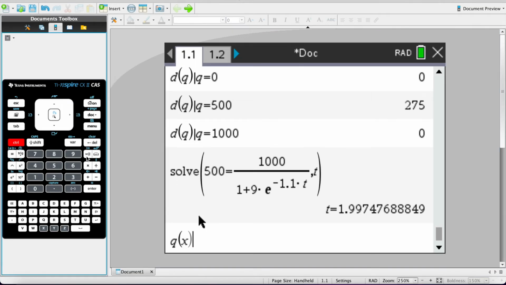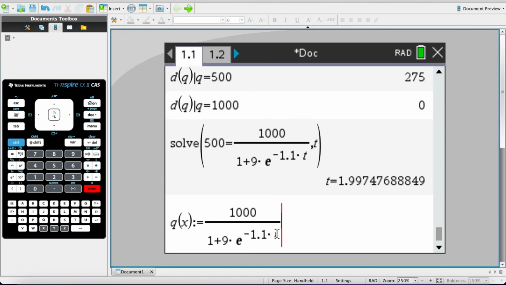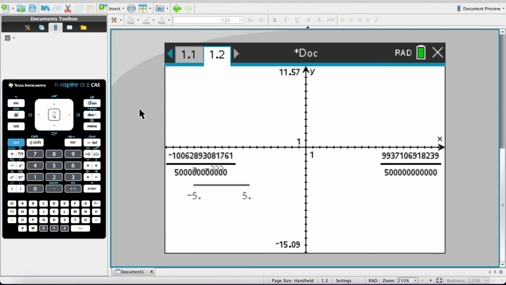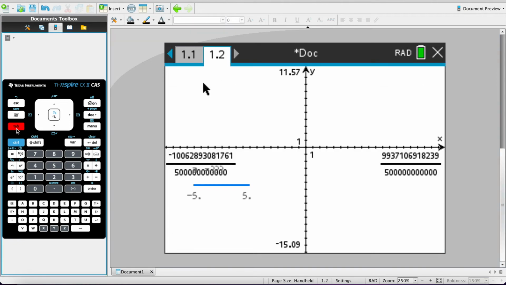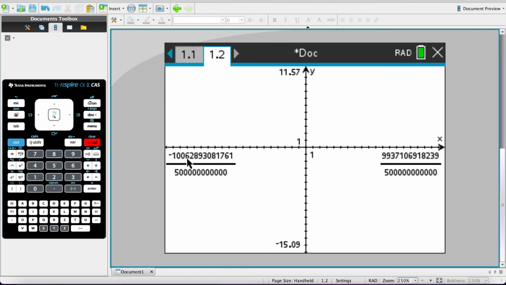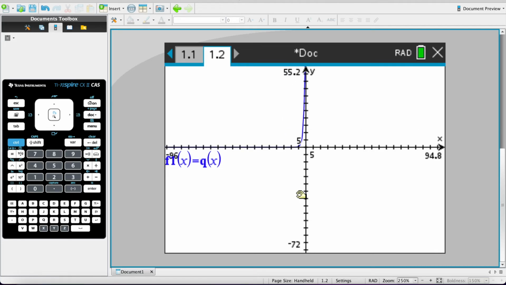Of course I can't use t on the CAS, so I'm just going to change the t to an x. Now I'm going to sketch that in. Get rid of this slider from before, and this one was from the multiple choice. Q of x, and let's just press enter. What happened?